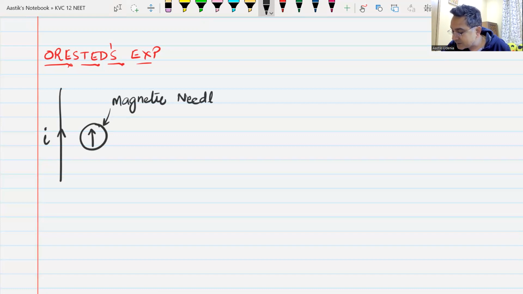It is a short, very small magnet, and it always rests in the north-south direction because it is attracted by the magnetic field of Earth. Apart from staying in the north-south direction, if there is a strong magnet present, which creates its magnetic field, this magnetic needle will start to deflect.